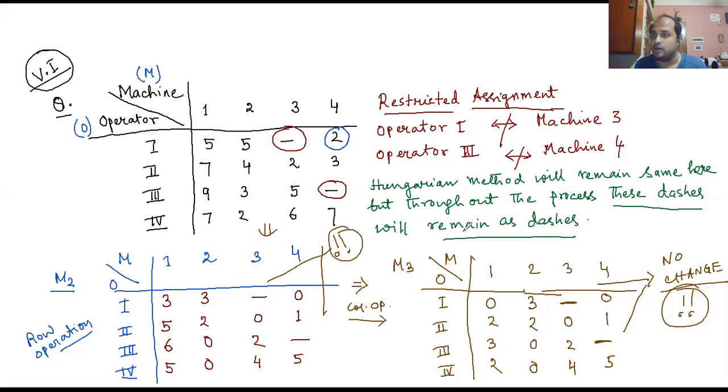And dashes are not at all elements. We perform row operation and column operation on elements. Dashes are dashes. They are not elements. Door closed. Okay. The entire thing which I have discussed previously will be the same throughout. So I hope that you will be very happy to solve this problem.